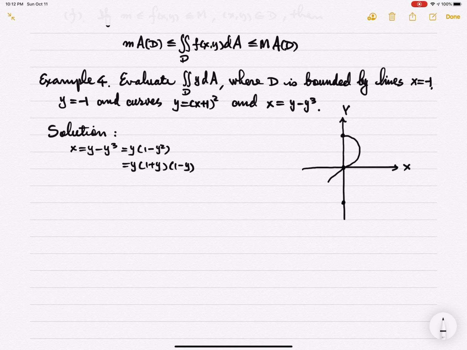Well, it is symmetric about the origin, something like that. So this is 0, negative 1, and then this is 0, positive 1.